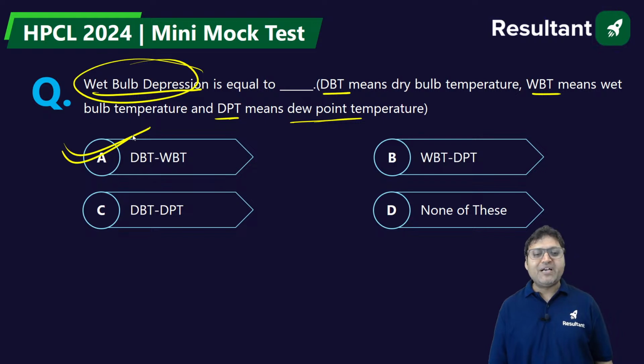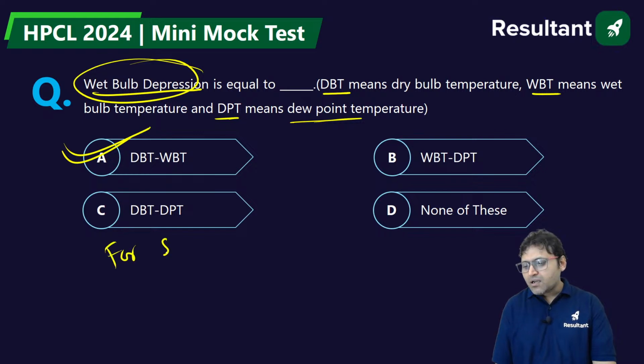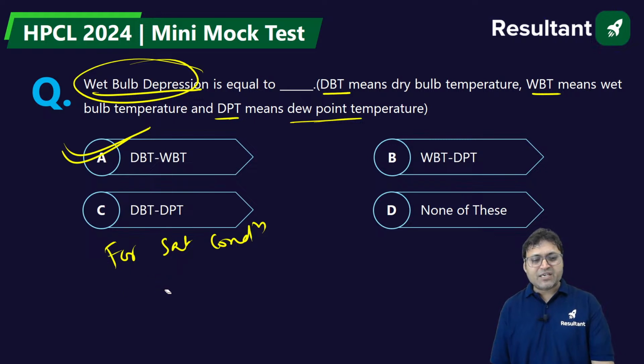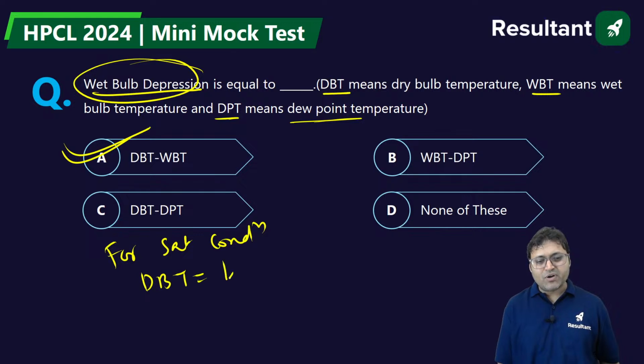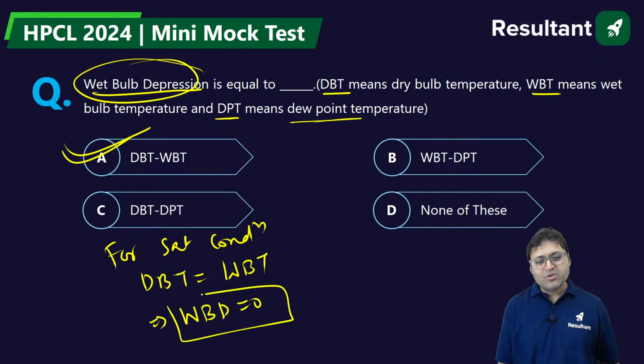It means humidity is less. And for saturated condition, dry bulb temperature is equal to wet bulb temperature, and wet bulb depression is equal to 0.